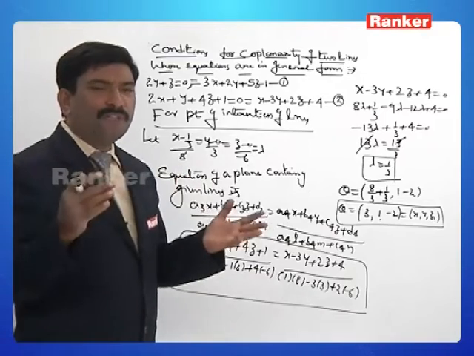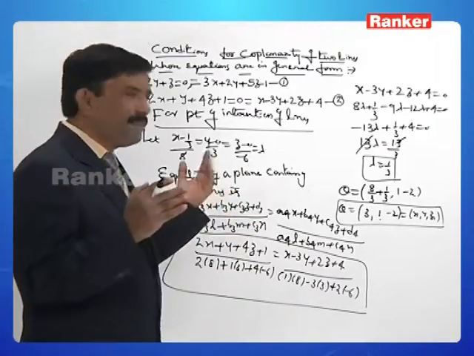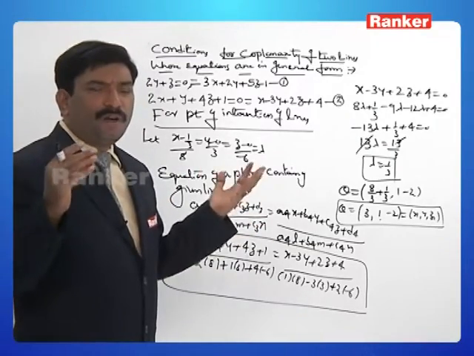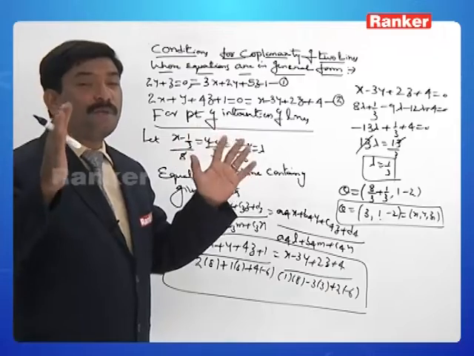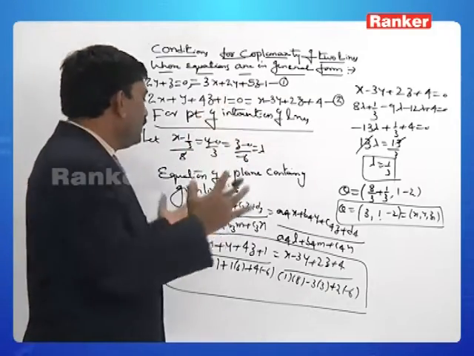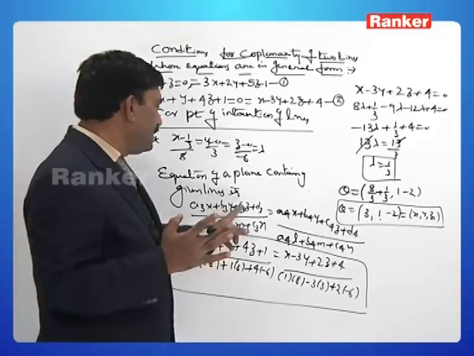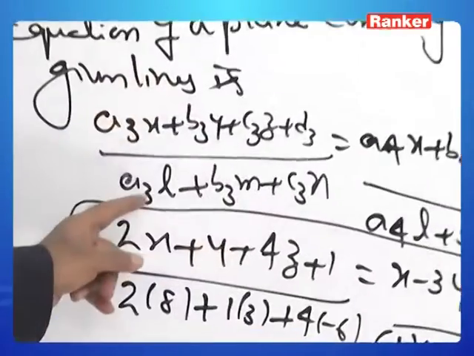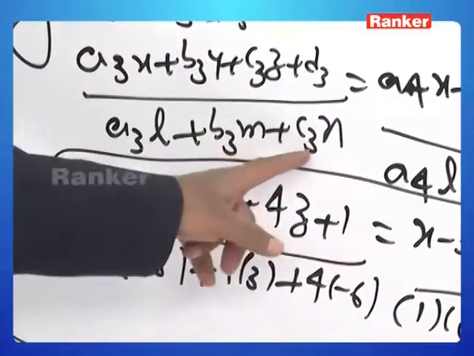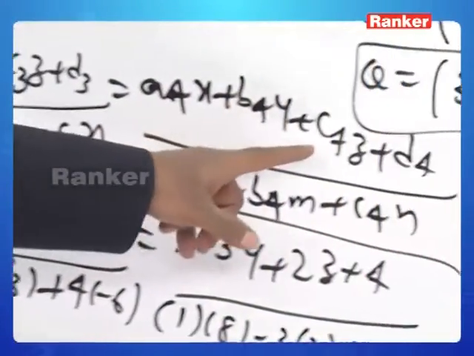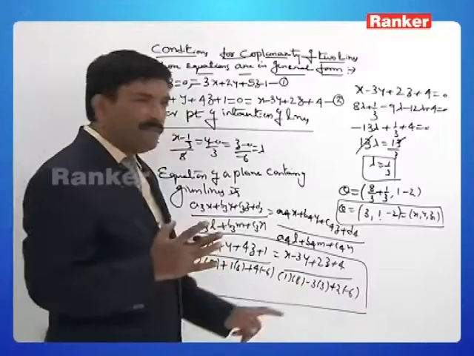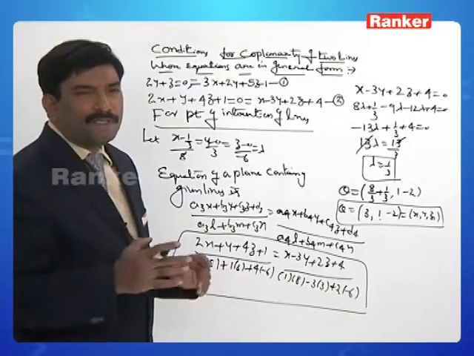Then, after knowing the value of lambda and that point, we wrote how to write the equation of a common plane containing the lines, using a3x plus b3y plus c3z plus d3 by a3L plus b3M plus c3N equal to a4x plus b4y plus c4z plus d4 by a4L plus b4M plus c4N.